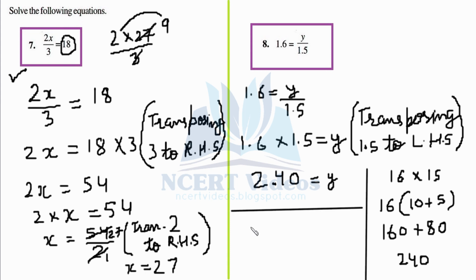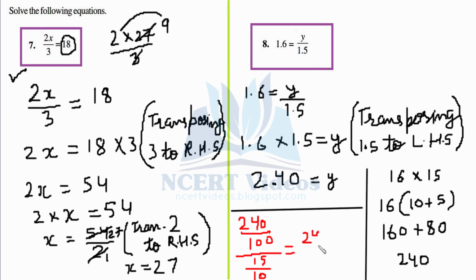Again, if you want to check it, now we are checking it. In place of y, we can write 2.40. In simplified form, it would be written as 240 over 100. You know very well why, because 240 as it is, and in place of the decimal, 100 is dividing it. The bigger division we have is 1.5, or it could be written as 15 over 10, because 15 as it is, and in place of the decimal we have 1 followed by 0.